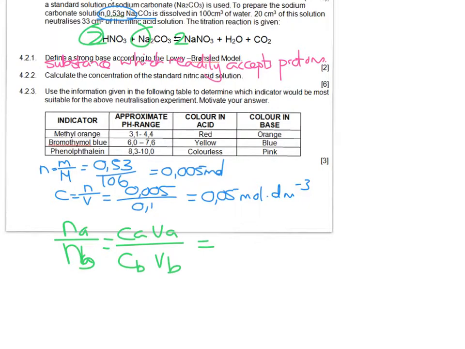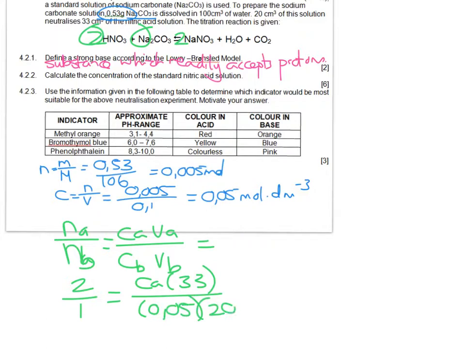So it's going to be 2 of acid, 1 of base, and I then land up with concentration of acid. The volume of acid is 33. The concentration of the base I've just worked out. The volume of the base is given to me over there, and I therefore land up with 0,06 moles per cubic decimeter.